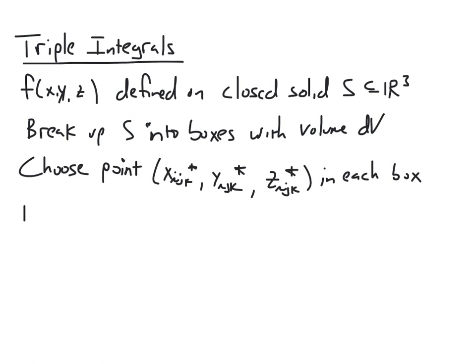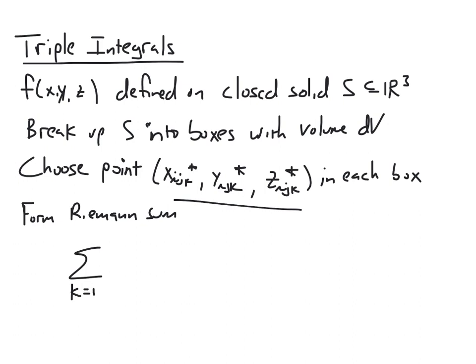All right, so each box now has a chosen point. We're going to form a Riemann sum, which will simply be the function value at the particular point that we just chose, taken at all of the different boxes, and then summed up. For the double integral, we had a double sum, going in the x direction and the y direction. And not surprisingly, here we're going to have a triple sum, one in each of the three directions.